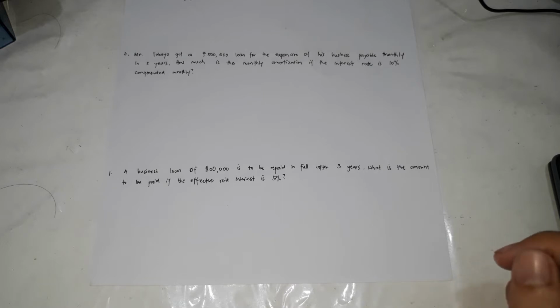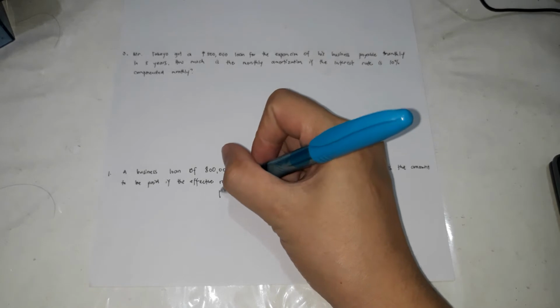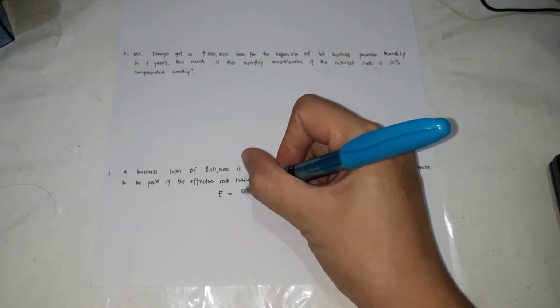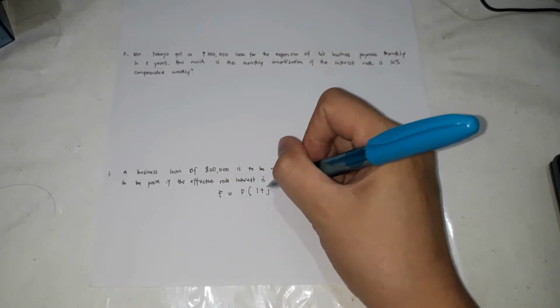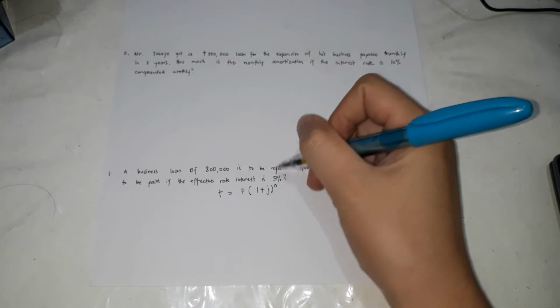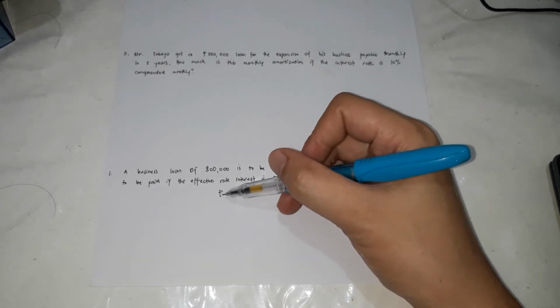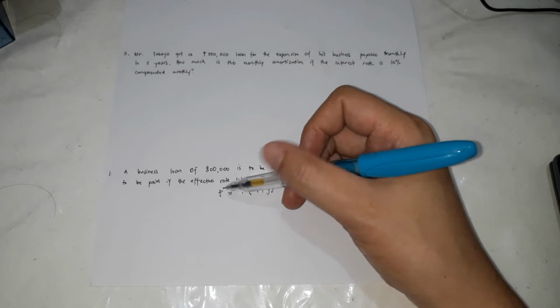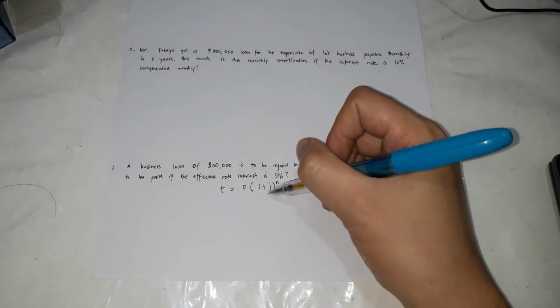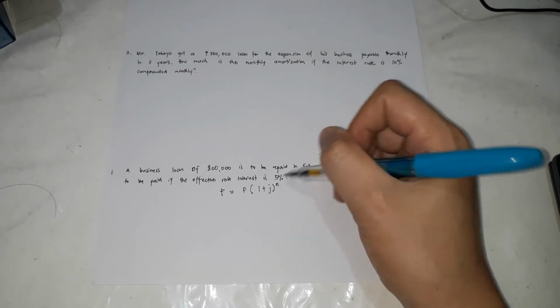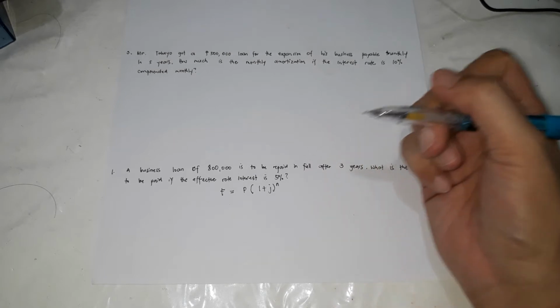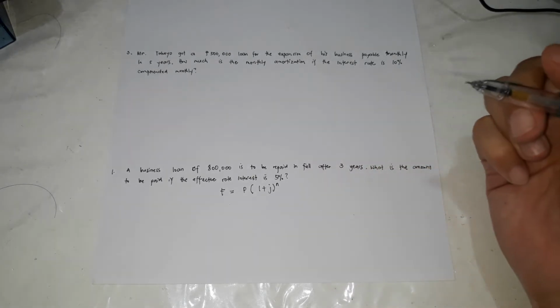So the formula for this one is just like the formula for compound interest, where F is equal to P times (1 plus j) raised to the power of n, where F is the future value, P is the principal, j is the annual interest, and n is the number of periods.